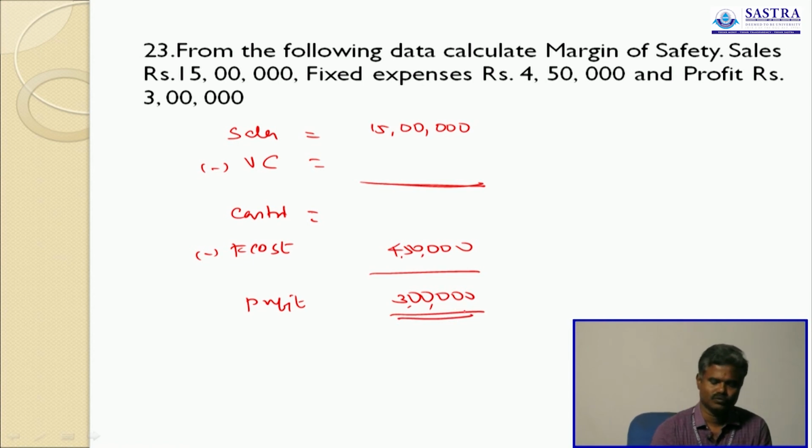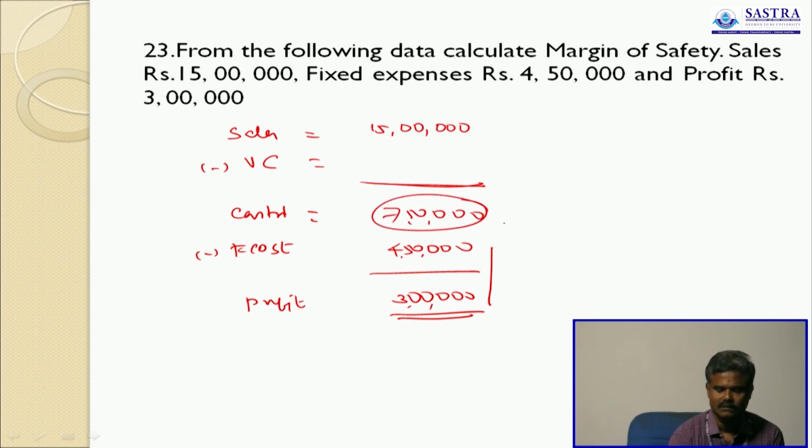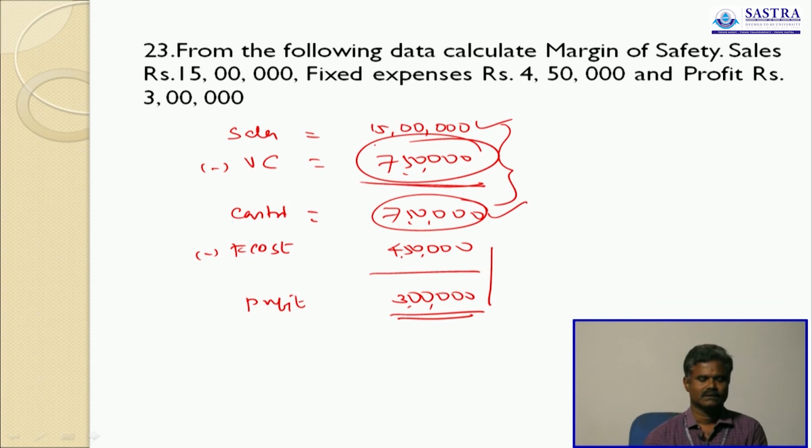Now we have to move in reverse order. 3 lakh plus 4,50,000 is 7,50,000 contribution. Sales is given, contribution is given, the difference between these two is called variable cost. So from the following data calculate margin of safety.